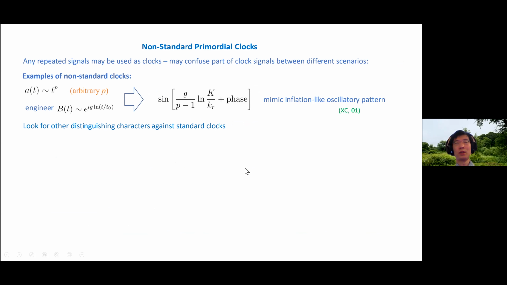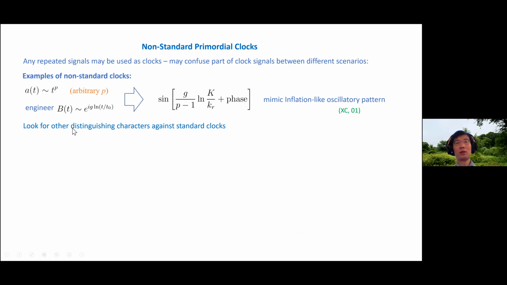Basically, the upshot is any repeated signals can be used as clocks, and they may confuse part of the signals that we work out to distinguish different scenarios. An example of a non-standard clock is, for any power-law background, you can engineer oscillations of this form.